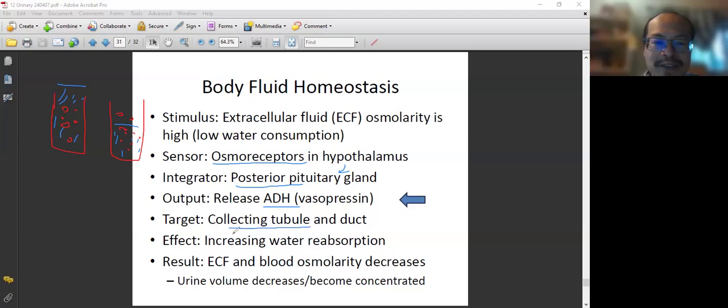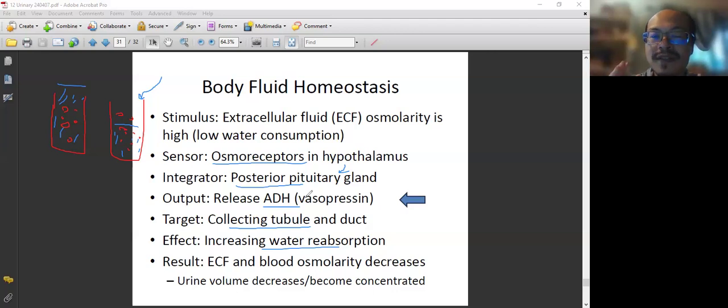The result will be that water is reabsorbed. So we can return the osmolarity back to normal. You reabsorb water back, so we don't pee it out. So that's ADH.